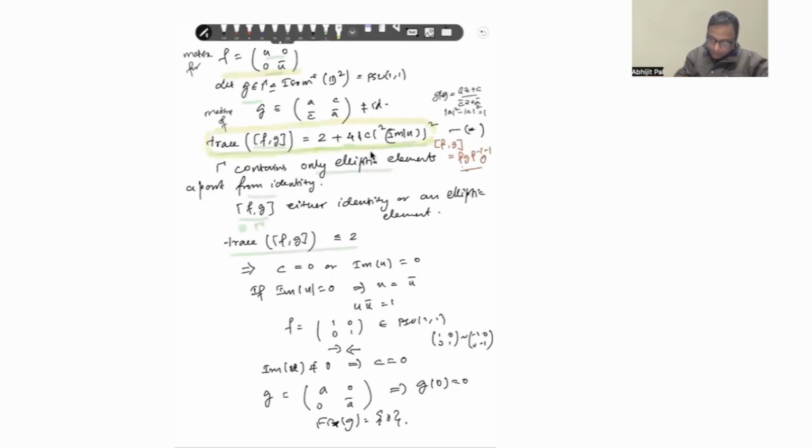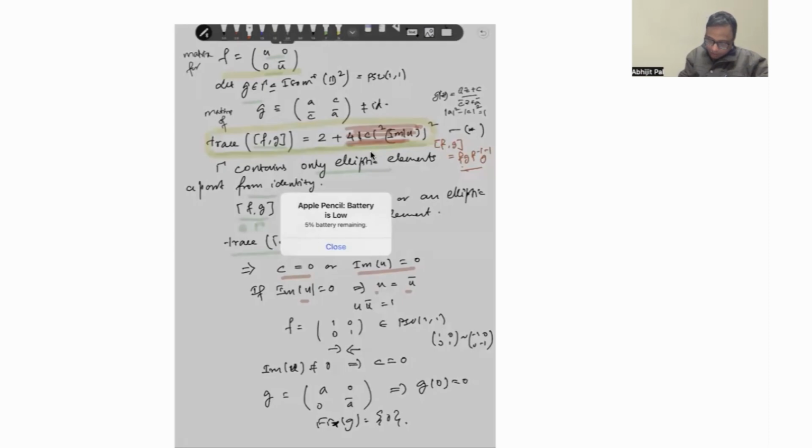So this will imply that this part is less than or equal to 0, and since we have a square here, that will imply that either c is equal to 0 or the imaginary part of u is equal to 0. If the imaginary part of u is equal to 0, that means u is equal to u bar.